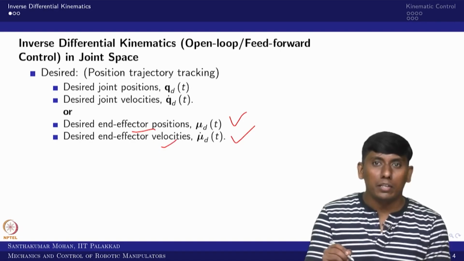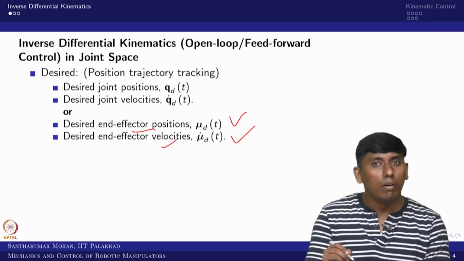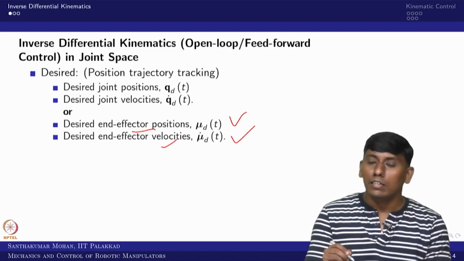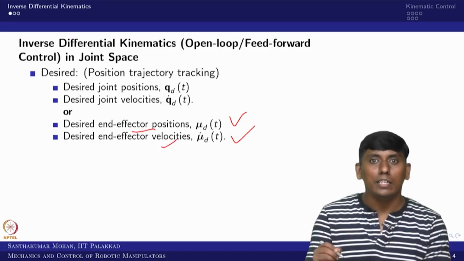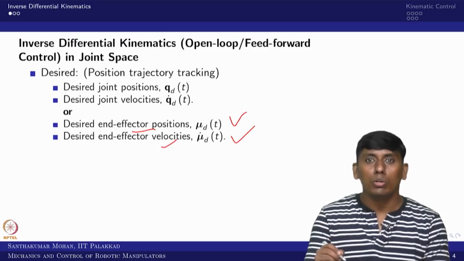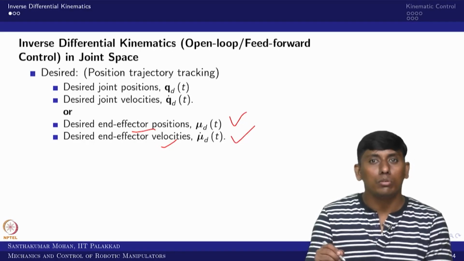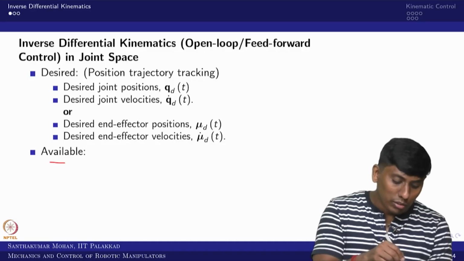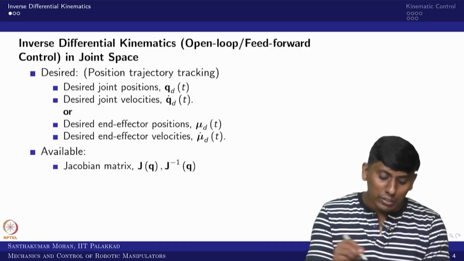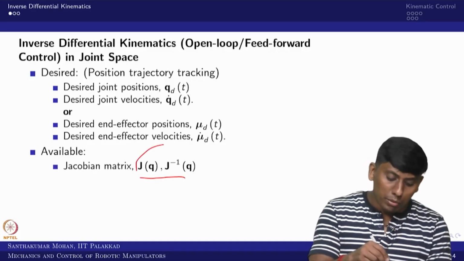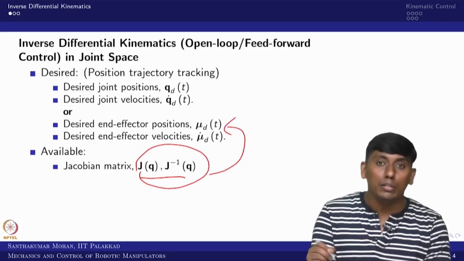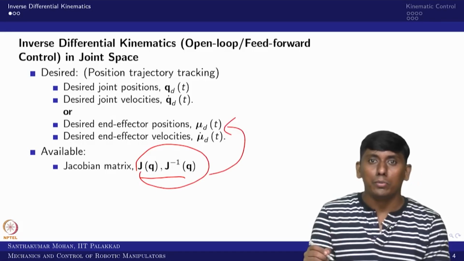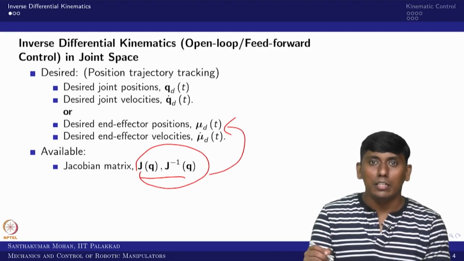What we expected is that q of t tends to q desired, but that is not directly guaranteed. What we can actually ensure is that q dot of t is equal to q dot desired. The available quantity is the Jacobian matrix, because it is required for end effector position trajectory tracking.